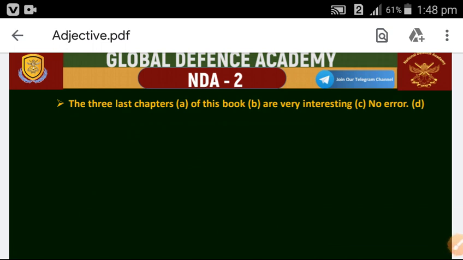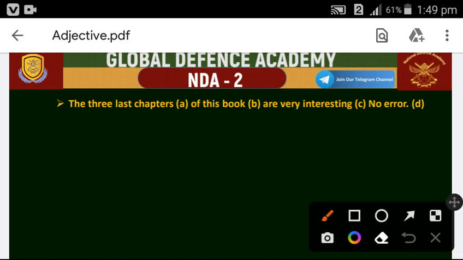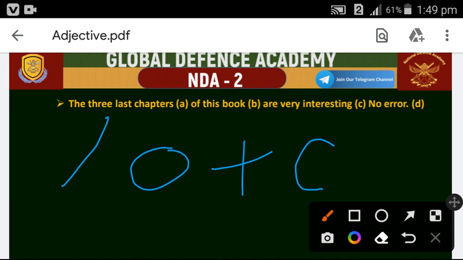What I am saying is, first ordinal, then cardinal number must be followed. Here 3 is cardinal.